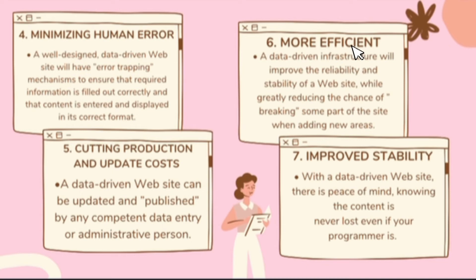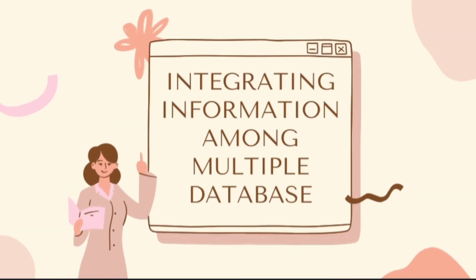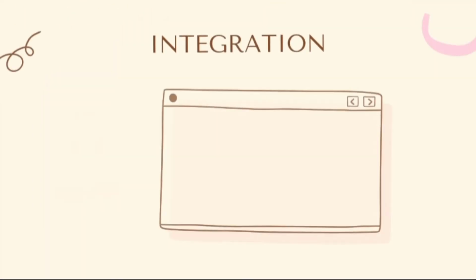Number 6, more efficient. A data-driven infrastructure will improve the reliability and stability of a website while greatly reducing the chance of breaking some part of the site when adding new areas. And the last one is it can improve stability. With a data-driven website, there is peace of mind knowing the content is never lost even if your programmer is.